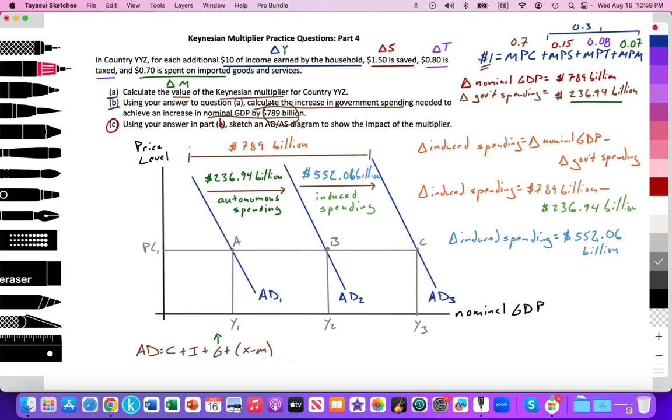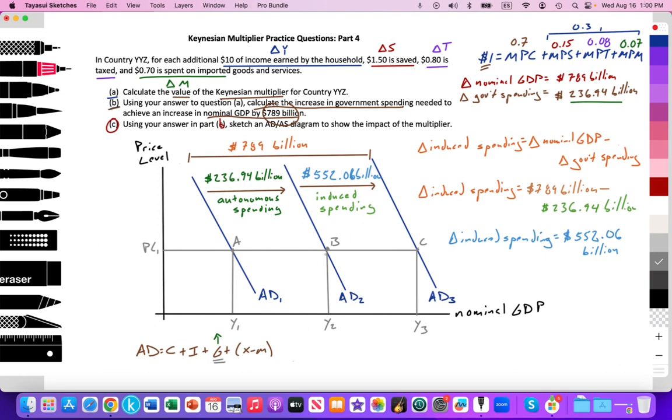So if I was to analyze this, I could explain on the x-axis, we're measuring nominal GDP, the y-axis is the price level. We have a downward sloping aggregate demand curve according to the wealth effect, the international trade effect, and so on, labeled AD1. Holding price level constant PL1 at point A, we have nominal GDP at Y1, and then aggregate demand shifts out from AD1 to AD2 due to a change in government spending, an injection of government spending of $236.94 billion. That is autonomous spending, causing AD1 to shift to AD2, real GDP increasing from Y1 to Y2.